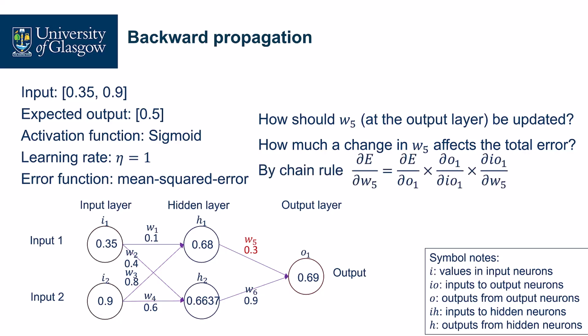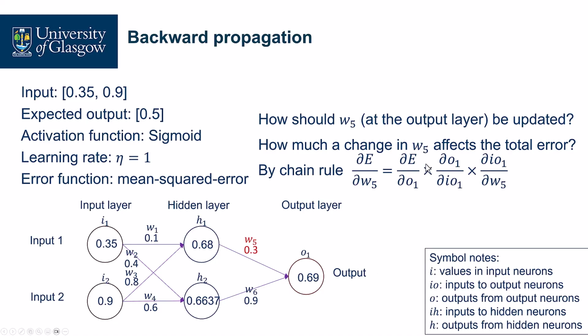There is a chain rule. We can say the partial derivative of the error with respect to W5 can be considered like this. The first item is the partial derivative of the error with respect to O1. What is O1? O1 is the output of this neuron, right?